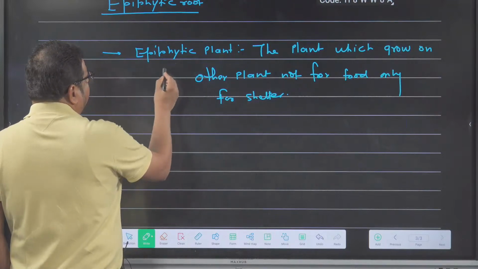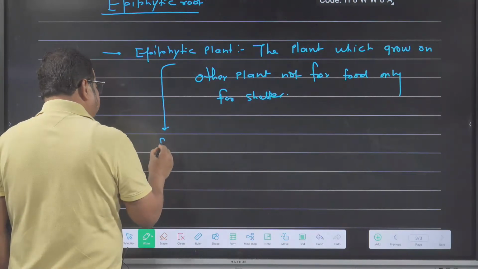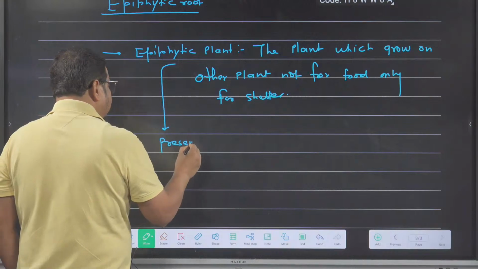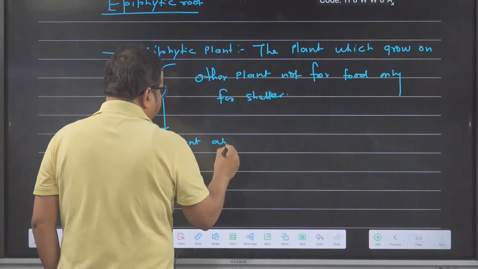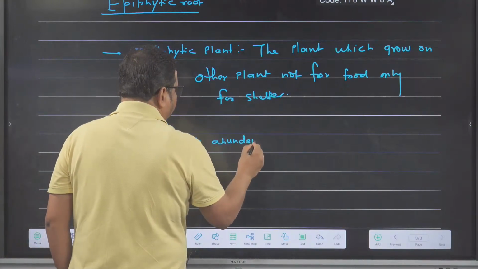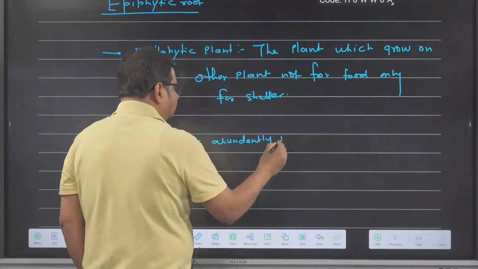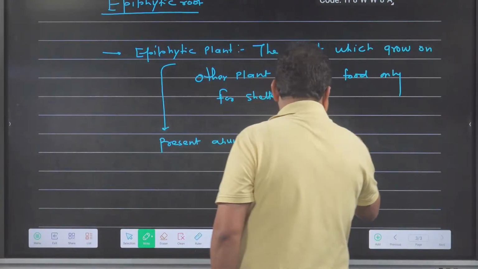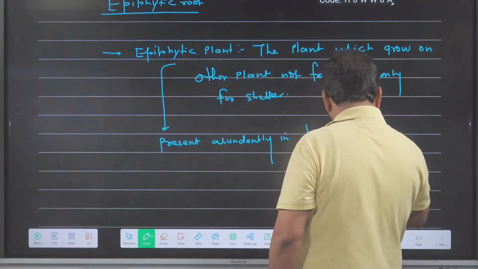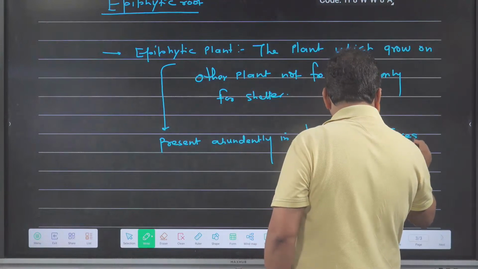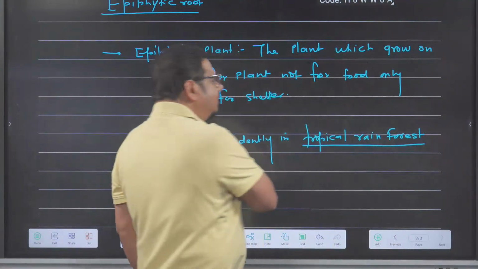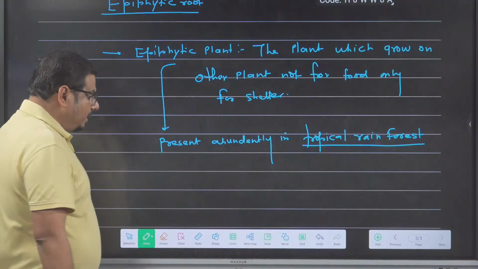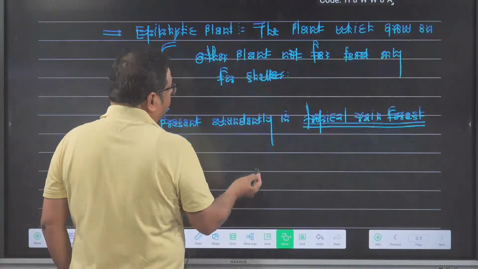So epiphytic plants, I am connecting with ecology, are present abundantly in tropical rainforest. Present abundantly in which forest? Tropical rainforest. Why is it present in tropical rainforest?